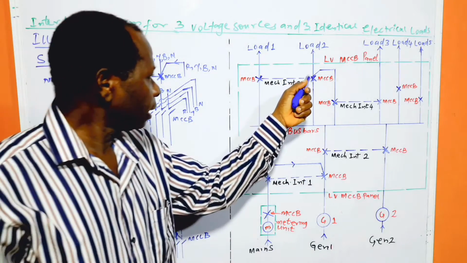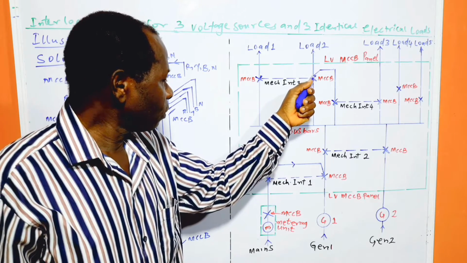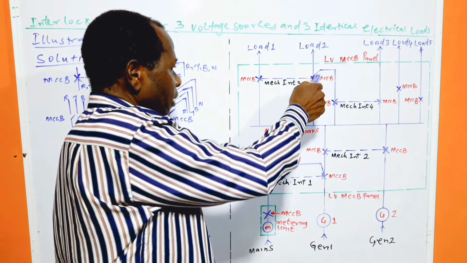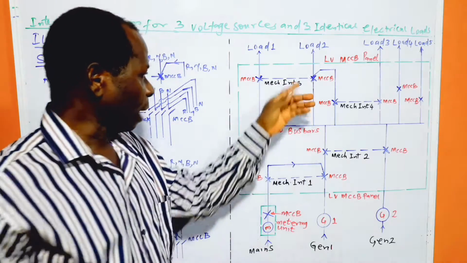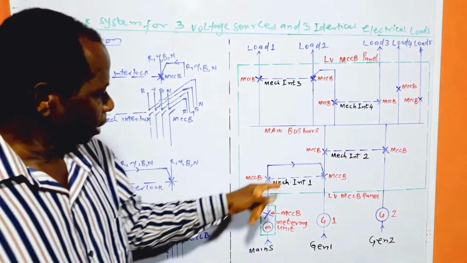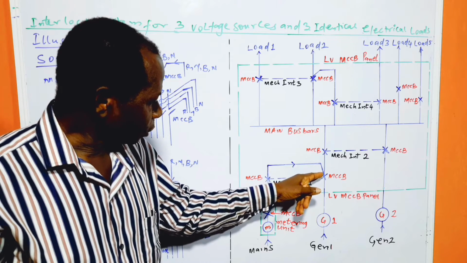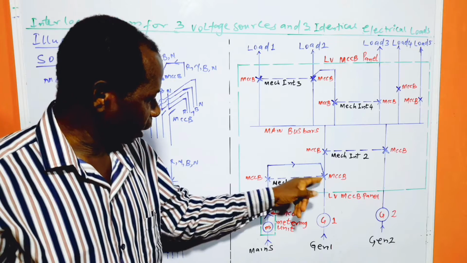Looking carefully, one will see that this set of cables is joining at the upper part of the circuit breaker. Similarly, this set of cables is also joining on the upper side of this circuit breaker.